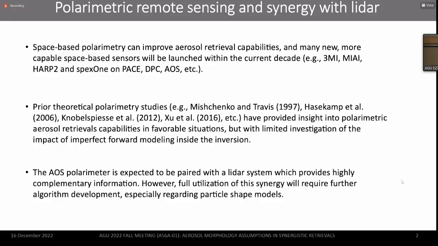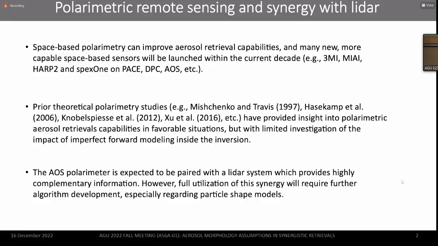But one thing we haven't looked at very carefully is what happens when you have forward model error in your inversion, so if you assume the wrong particle shape, something that's not consistent with the observation. That's what we're hoping to look at here.